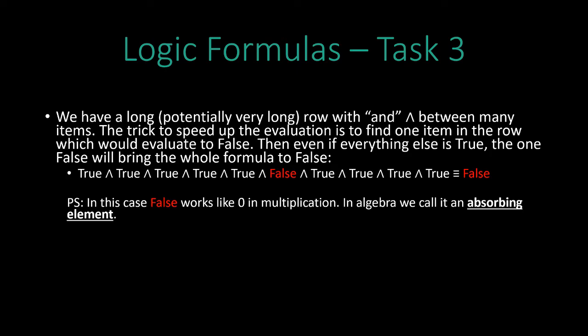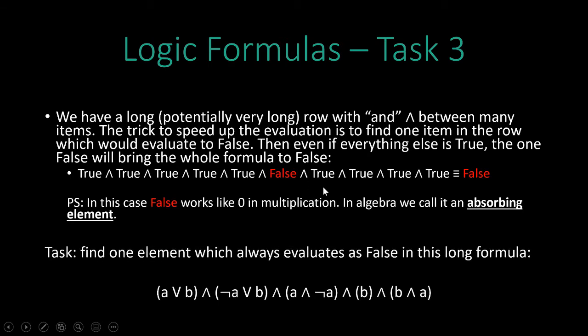I think there is some slight exception when we are multiplying infinities with zeros, but let's not go there. So in algebra, for multiplication, this is called an absorbing element, and for these expressions, false would be an absorbing element for ANDs, I guess.